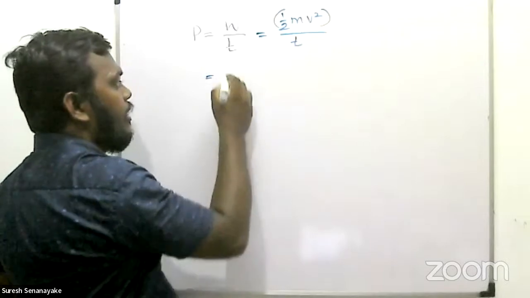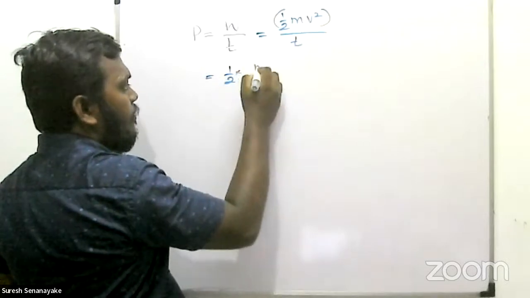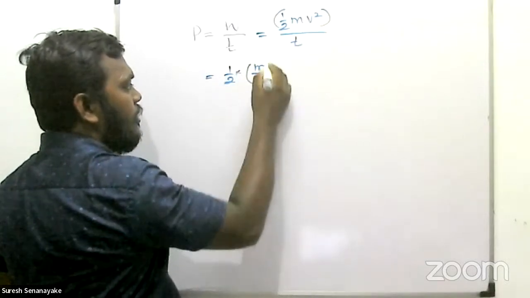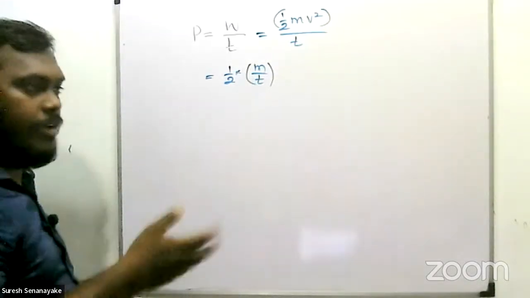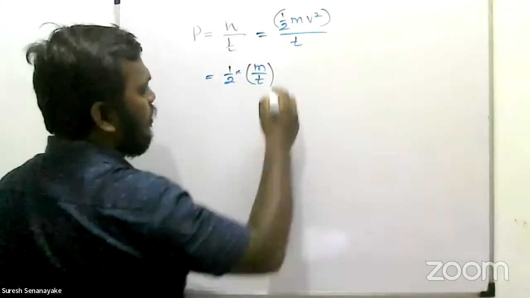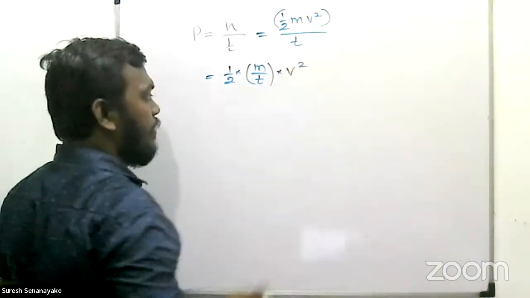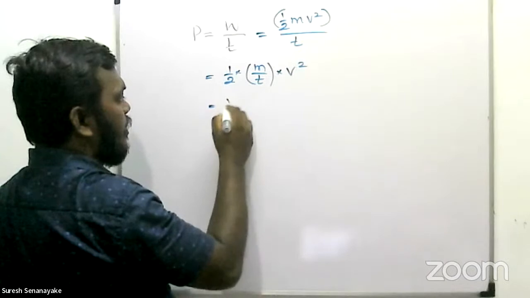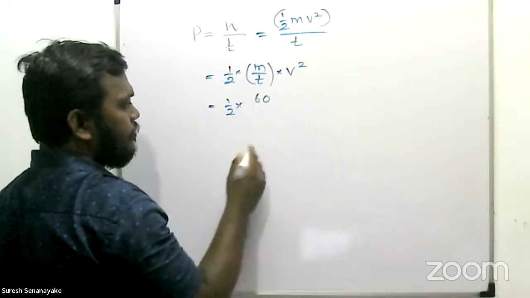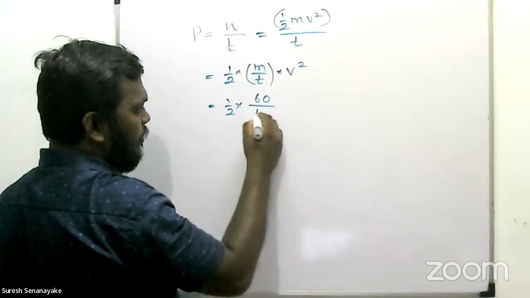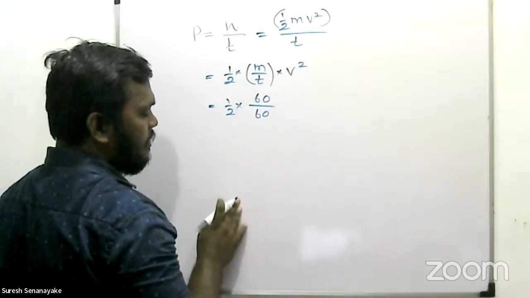So you can take it like half the rate of mass change, because here mass will change, right? There are 60 bullets, and one by one the bullets will be emitted out, into the square of the velocity. 60 bullets for 1 minute means per 1 second it is 60 divided by 60.